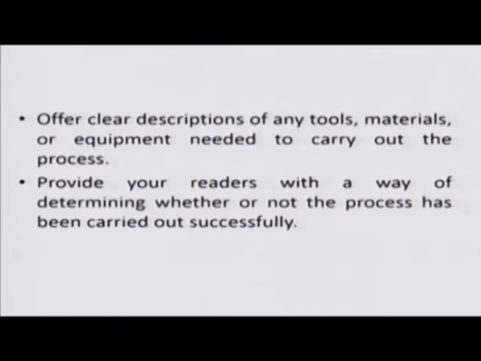Then provide your readers with a way of determining whether or not the process has been carried out successfully. So, how do readers know that the process is successful? You may simply say, now the screen switches on, then your setup is complete. This gives a clear indication that the process has been completed successfully.